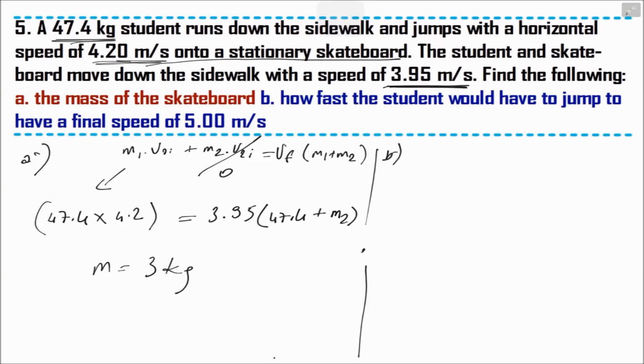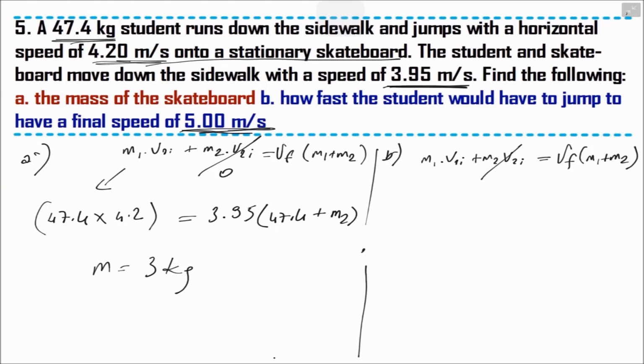And at the B it says how fast the student would have to jump to have a final speed of 5 meter per second. So now it says how we can make the final speed 5. So initial speed must be different than 4.2. So again, m1 times v1 initial plus m2 times v2 initial equals v final times m1 plus m2.